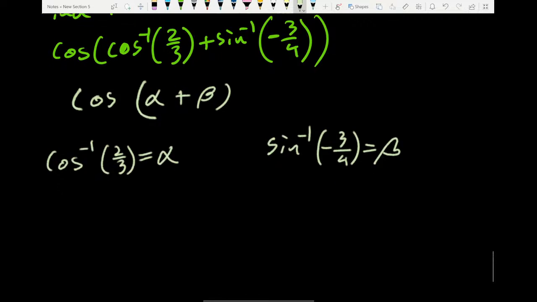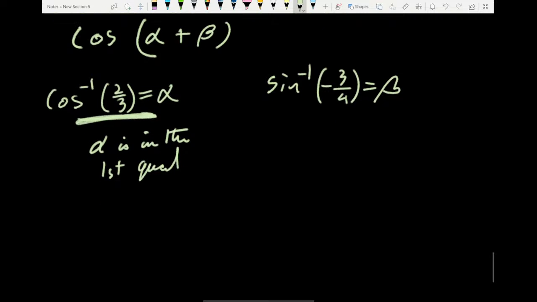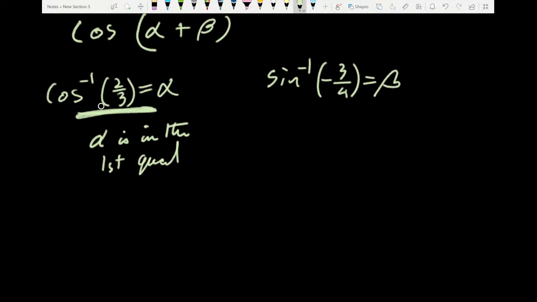Now, this tells you what? Alpha is in the first quadrant because we're looking at a cosine inverse. Cosine inverse lives in the first and the second quadrant. Since it's positive, we're looking at the first quadrant. This is your alpha.